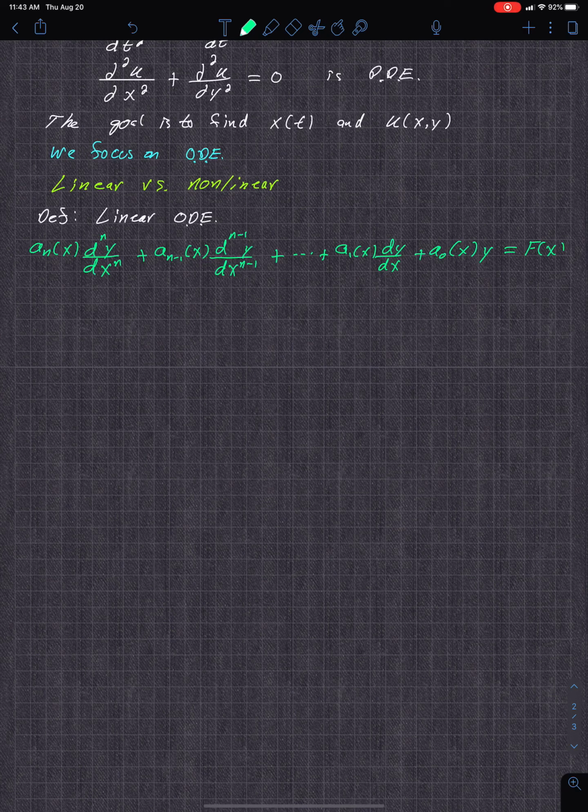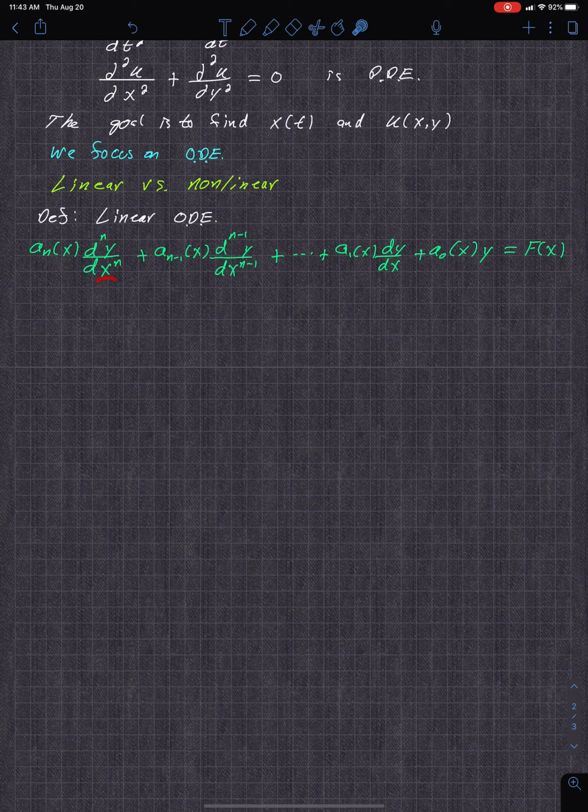equal to capital F of x. Note the dependent and independent variables: your independent variable is x in this form, and your dependent is y. There are no restrictions on the coefficients with respect to x.